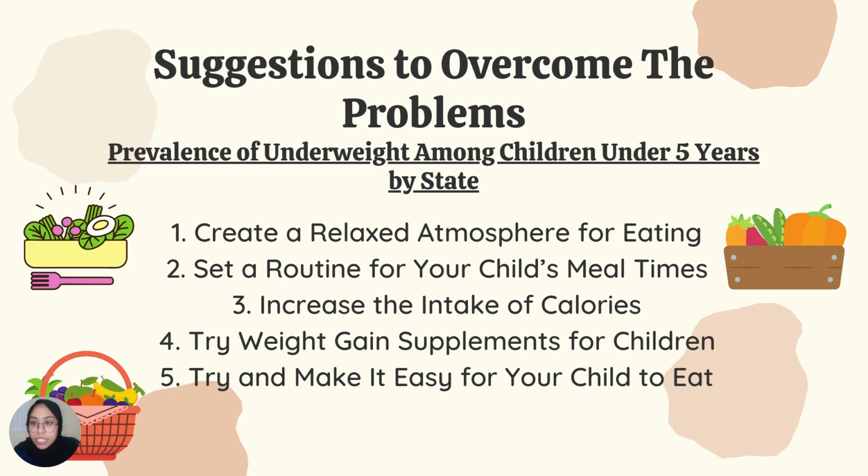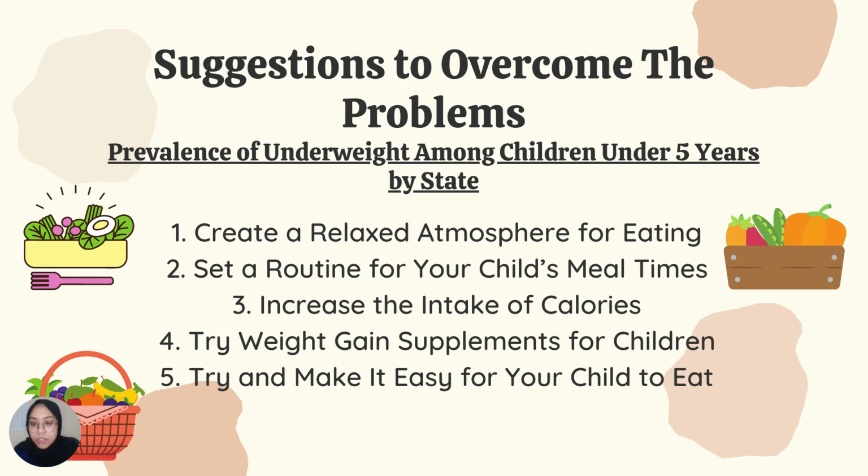Next, increase the intake of calories. Some children eat very small quantities, so increasing the amount of food doesn't seem like it's going to help. It's best to introduce high calorie foods for toddlers' weight gain. This ensures that your toddler is getting the right amount of nutrition.